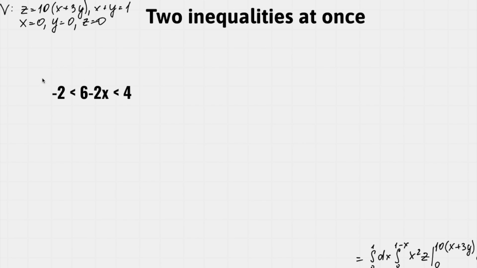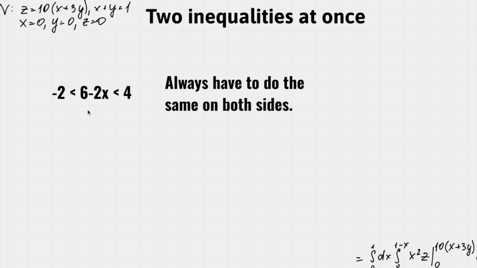So if we subtract 6 from the center, we have to subtract 6 on the left and then also on the right. So we always have to do the same on all 3 sides actually. So here it's a minus 6, here it's a minus 6. It would give negative 8 is less than negative 2x, which is less than negative 2.